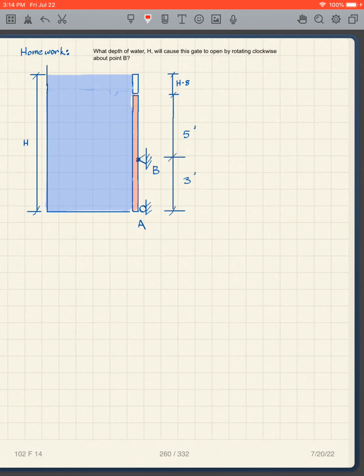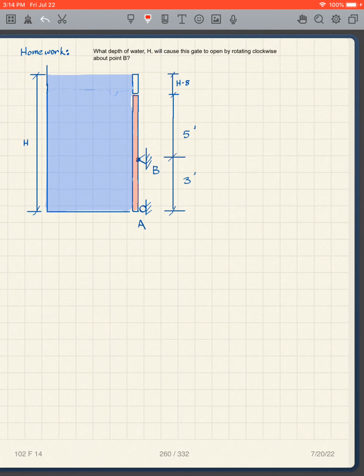Okay, one more gate problem, and that is what depth of water, H, will cause this gate to open by rotating clockwise about point B. In other words, here's my gate, and I've got a pin here, I've got a roller there.